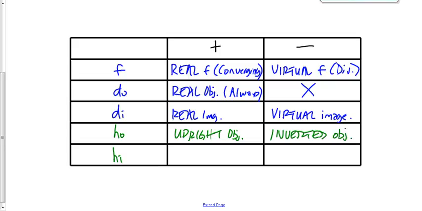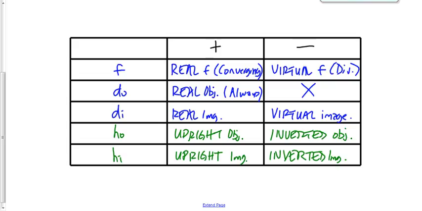Similarly for HI, if the image is upright, then we're going to make it a positive value. If the image is inverted, we're going to make it a negative HI. When is the image upright?